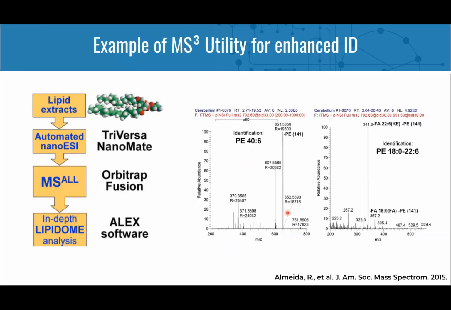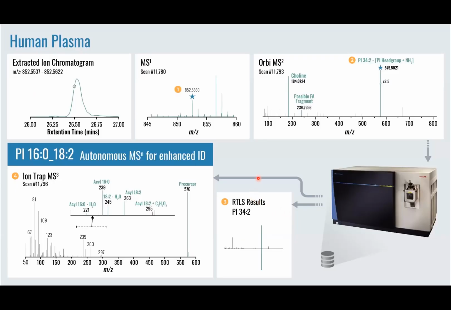And then I'm going to skip this one in the interest of time so we can wrap up here and just say, here we have human plasma. This is data we generated. We have an MS1 where we pick this lipid, we fragment the lipid, and we get an Orbitrap MS2. And the real-time search tells us that we have a class identification. And if we triggered an MS^n, we would be able to enhance that and learn much more.